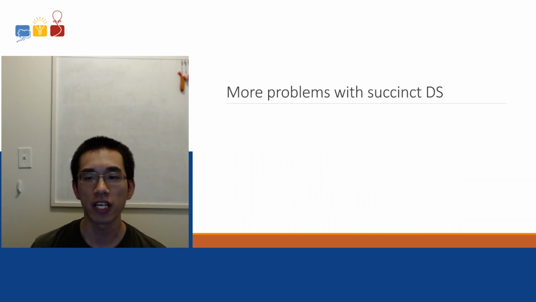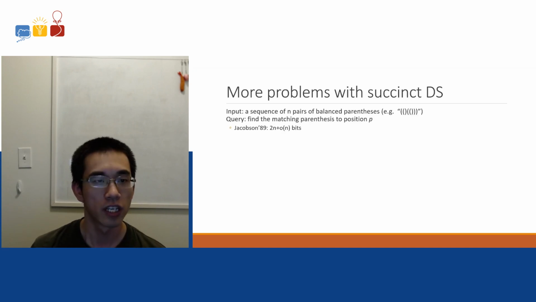Okay, so finally, let me list a few more problems that people have studied which have succinct data structures. The first problem is also by Jacobson. The input of this problem is a sequence of n pairs of balanced parentheses, and in each query we would like to know the matching parenthesis to the parenthesis at position p.